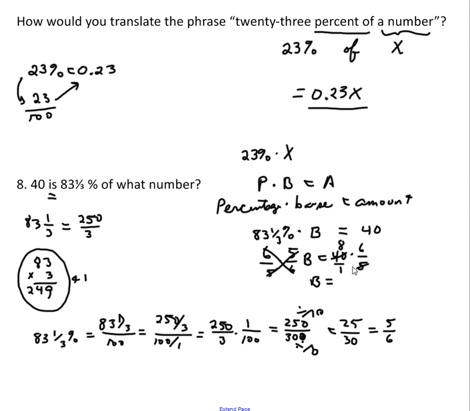So this is equivalent to taking 8 times 6, and 8 times 6 we know to be a number equal to, everybody? That's right, 48. Well, there it is. 48 is the base: 40 is 83 and a third percent of 48.